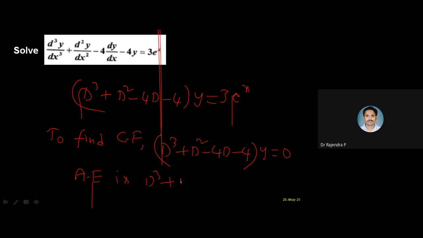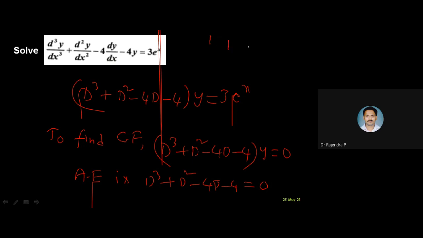D cube plus D square minus 4D minus 4 equals 0. As I told you, you can go with the trial and error method, or otherwise use your calculator. Take these coefficients in your calculator. There is a polynomial function in your calculator.